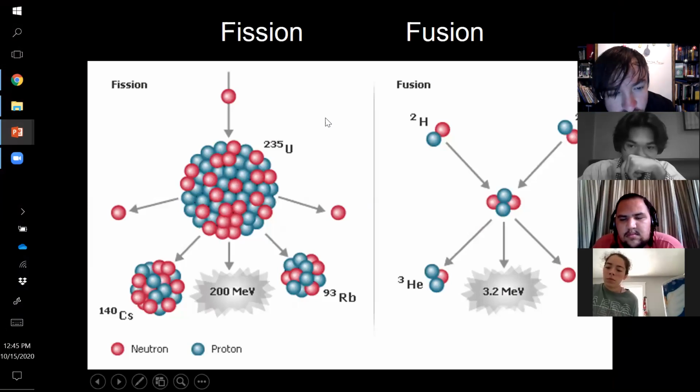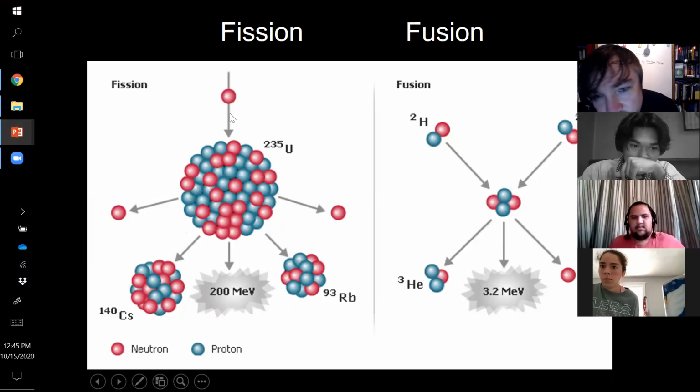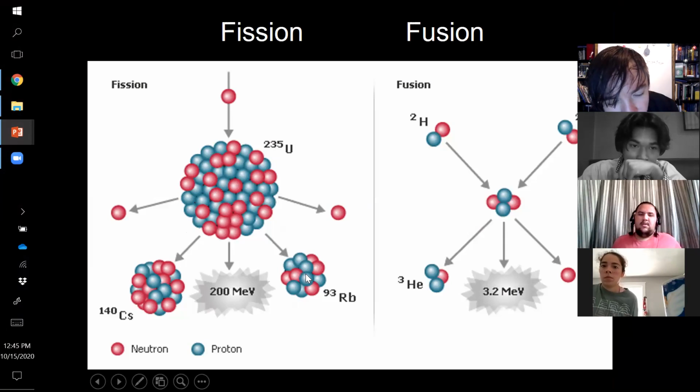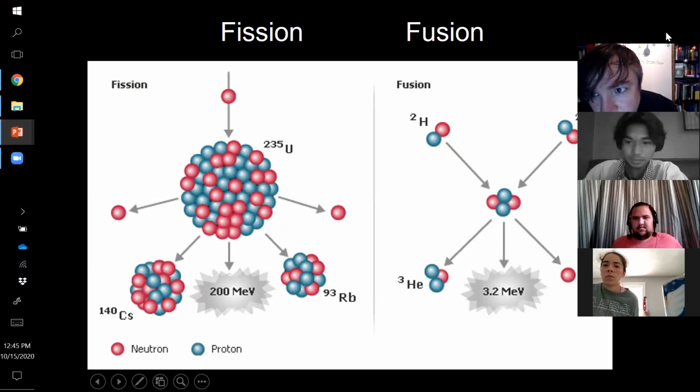In fission, you take a big fat nucleus like uranium-235 and you whack it with a high-speed neutron, and it splits apart into radioactive daughter nuclei like radioactive cesium and rubidium, and it releases a gob of energy, usually in the form of gamma rays. So fission, as someone said in the chat log, is splitting apart.